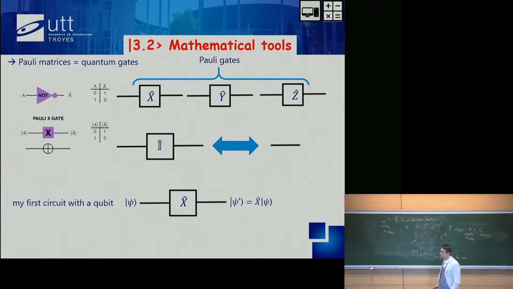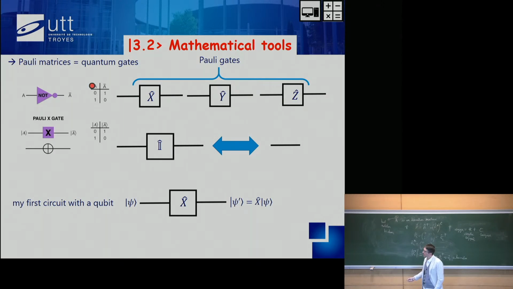So here we go. Pauli matrices are quantum gates. In fact, you will see that other names for sigma 1, sigma 2, and sigma 3 are X, Y, and Z. Those are the three Pauli matrices, plus the identity matrix.